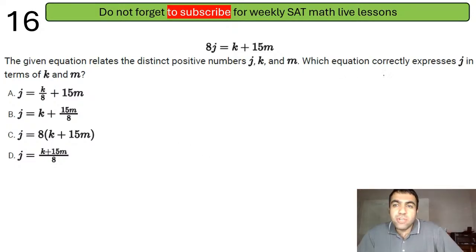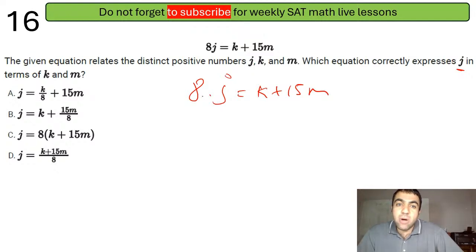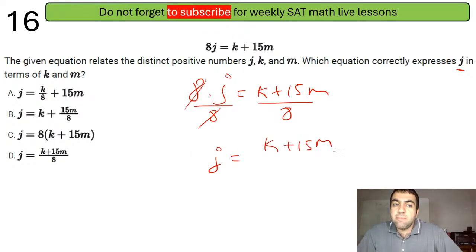Which equation correctly expresses J in terms of others? 8j is equal to k plus 15m, we should divide it by 8 on both sides of the equation, right? In order to get the j value. K plus 15m divided by 8. This is D. Mr. Sahib, you are right.